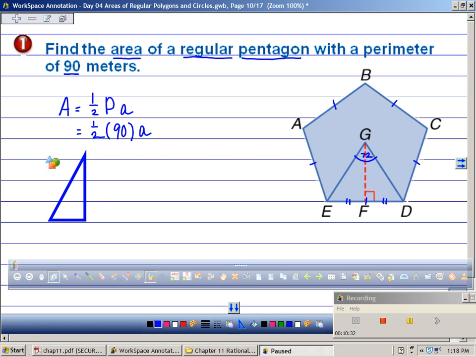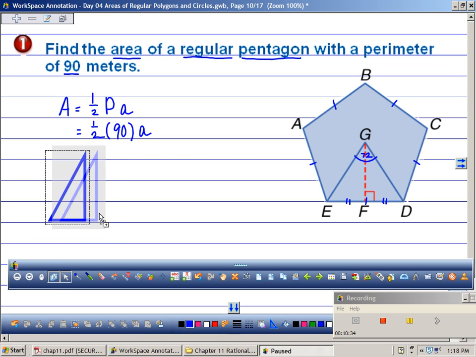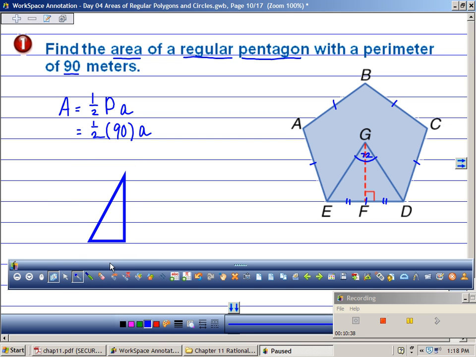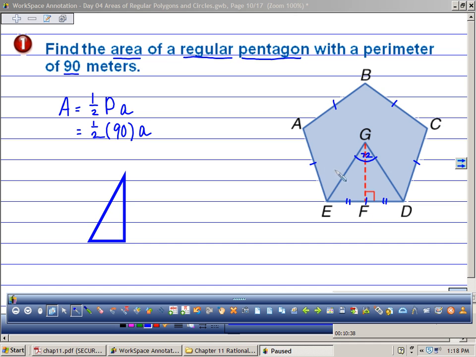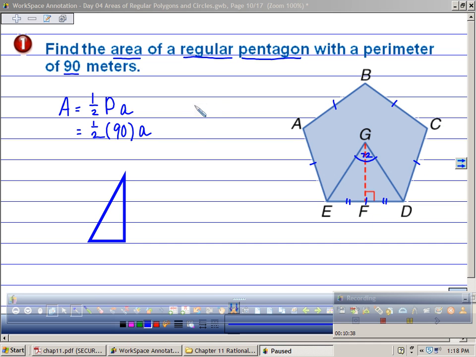Hold on. Draw myself a right triangle. I'm going to start labeling it. Don't I know what the sides are? Not the sides. It is 36 degrees, good.